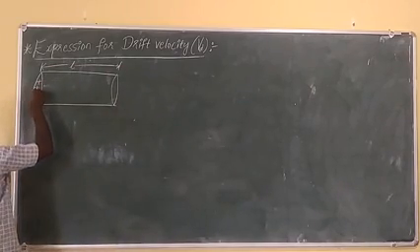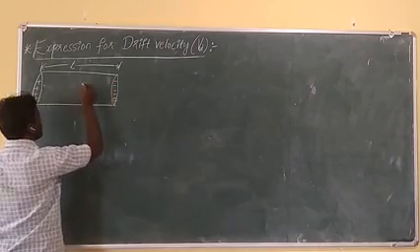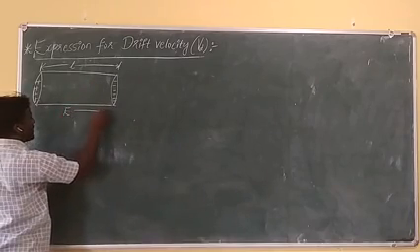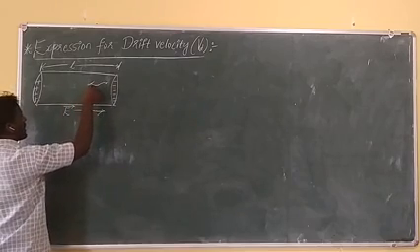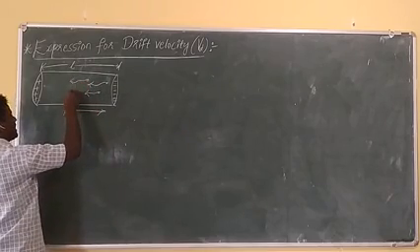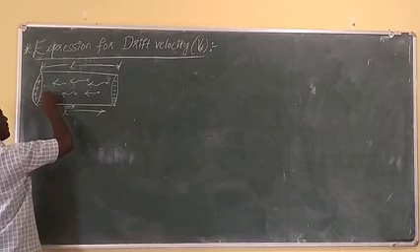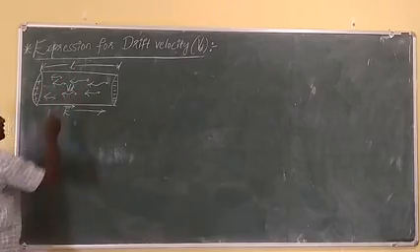This is the positive plate, this is the negative plate, and this is the applied electric field, and electrons are moving like this. Electrons are moving opposite of the electric field with a velocity called drift velocity.